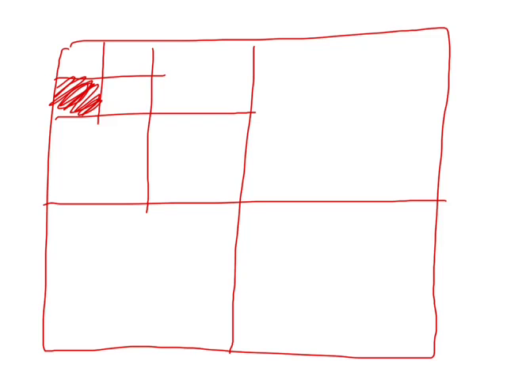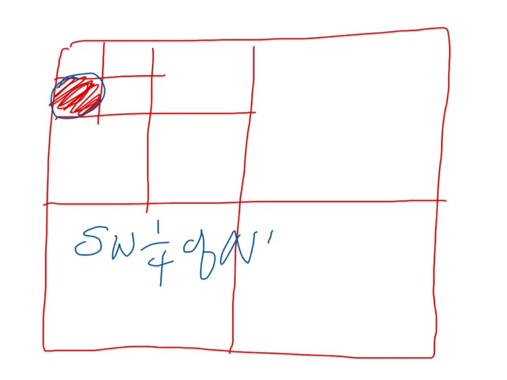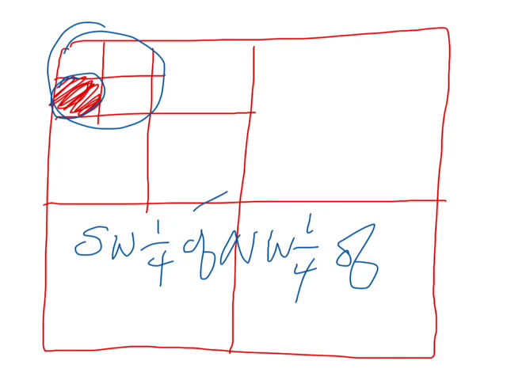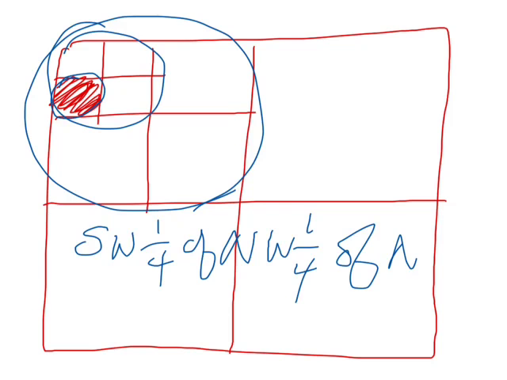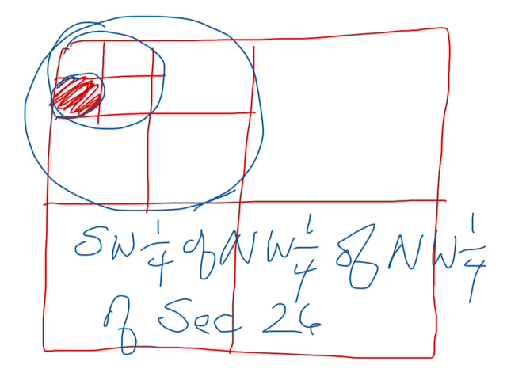All right, so what you have is the southwest quadrant, you work out, of the northwest quadrant, that's here, of the northwest quadrant of section 26, and on and on and on.